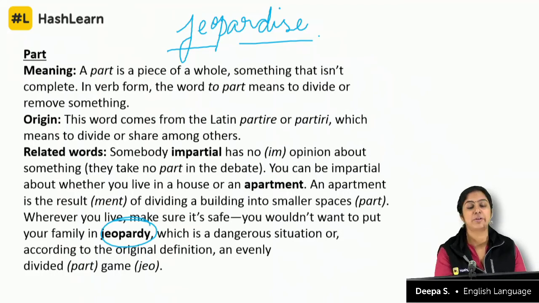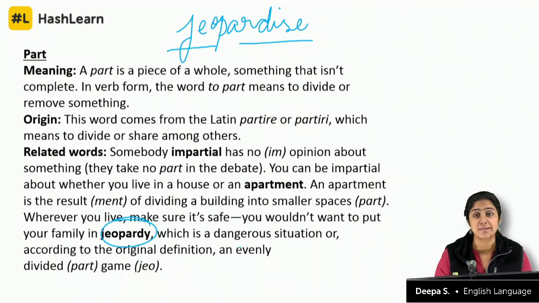How would you put this in context, in a sentence? I am in a sweet spot right now. I really like my job. I wouldn't want to jeopardize this with my business intentions and going on my own. So jeopardy, risking something.